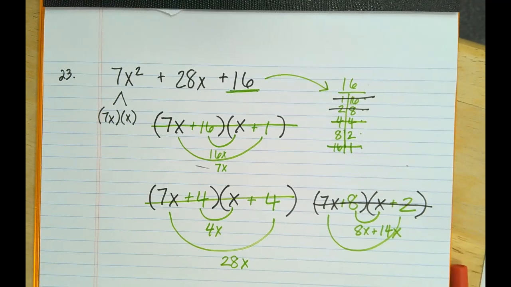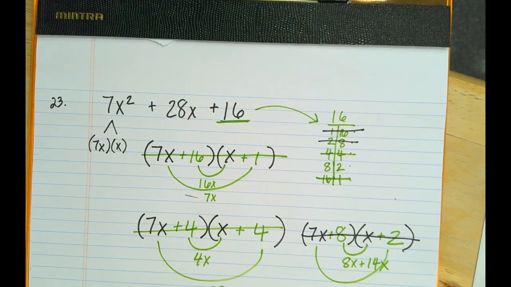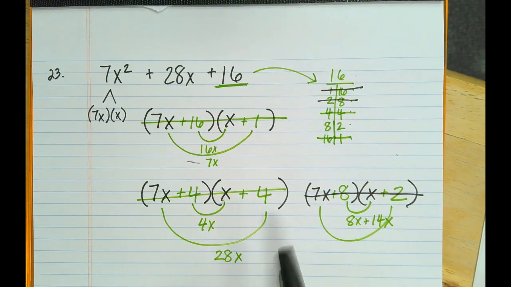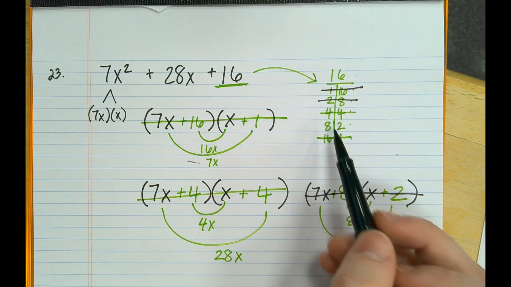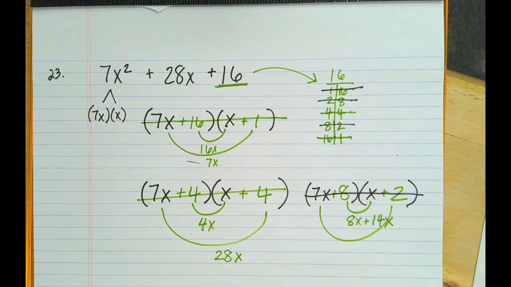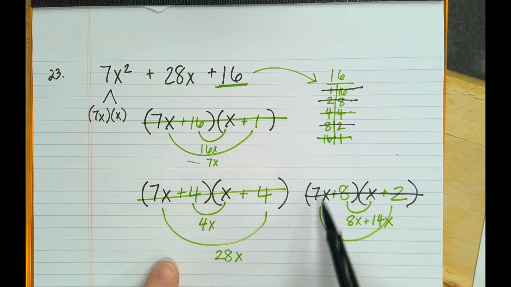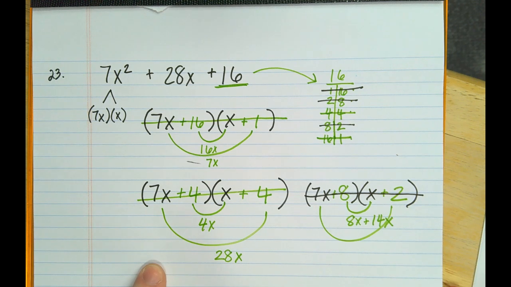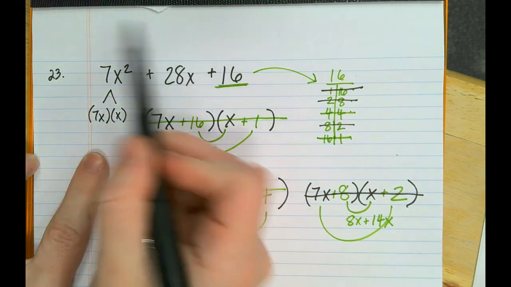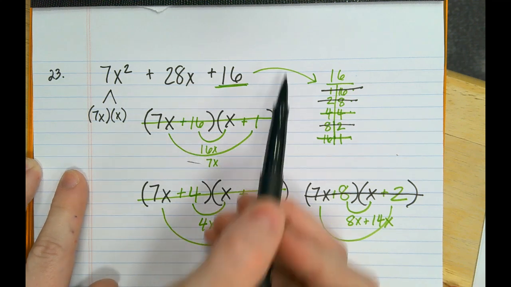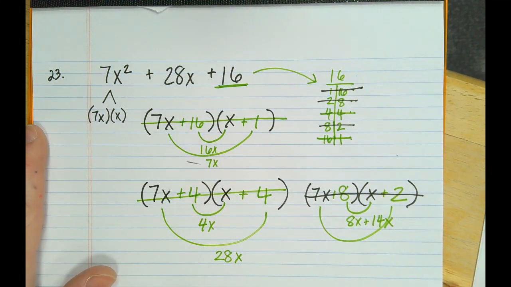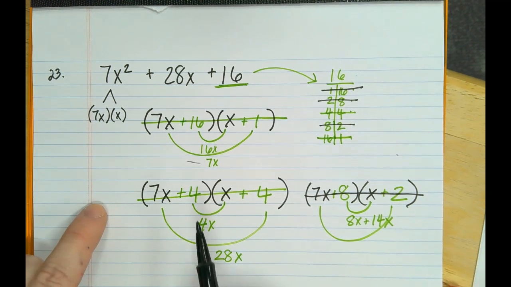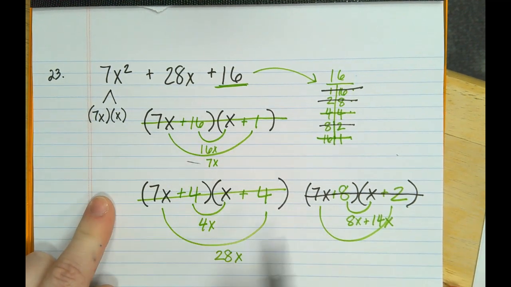Okay, so back to 23. We just tried all the options and none of them worked. If we have exhausted every single option and there is nothing we can factor out, I can't take a number out of all of them, I can't take x out of all of them, I can't do anything here, what would I say about my answer?